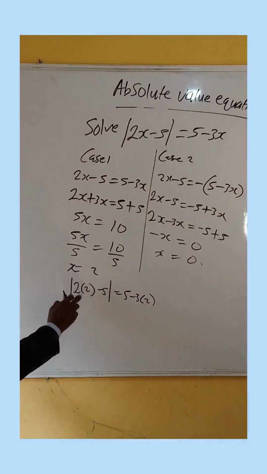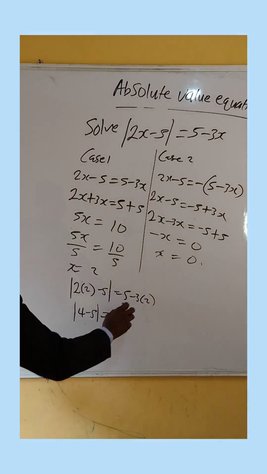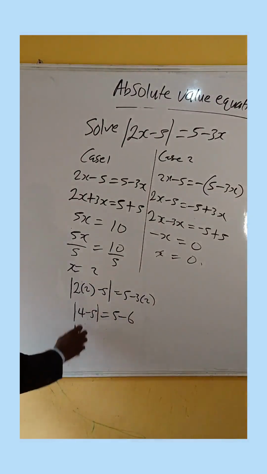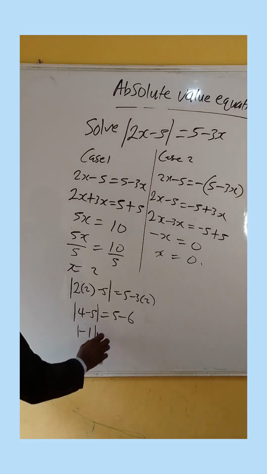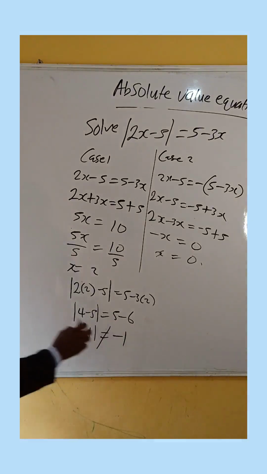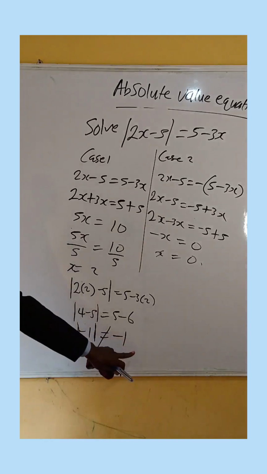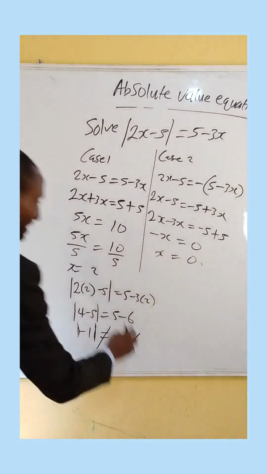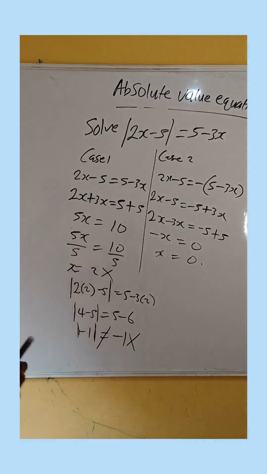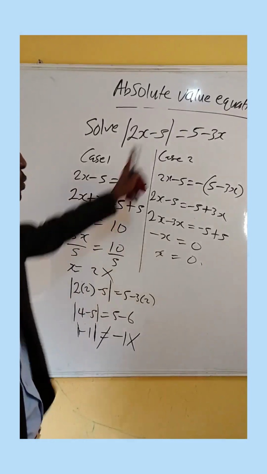So this is 4 minus 5 equals 5 minus 6. So the absolute value of minus 1 equals minus 1. This is wrong. Absolute value of minus 1 cannot give me minus 1. So this x equals 2 is an extraneous solution. It is not a solution to this.